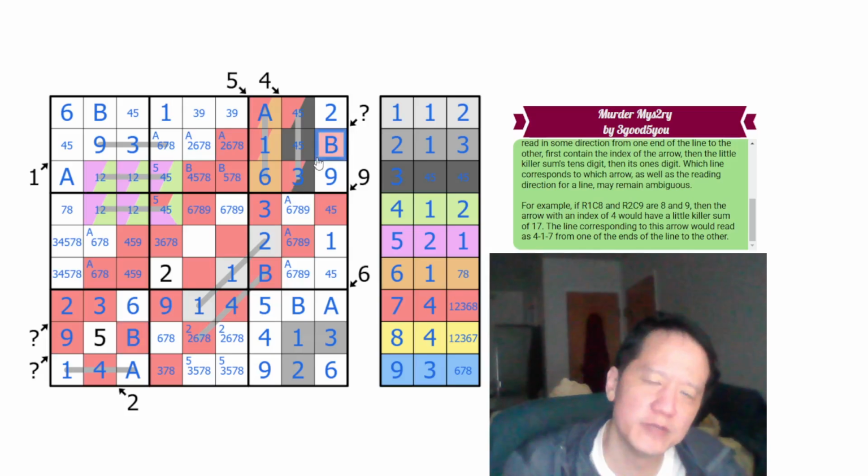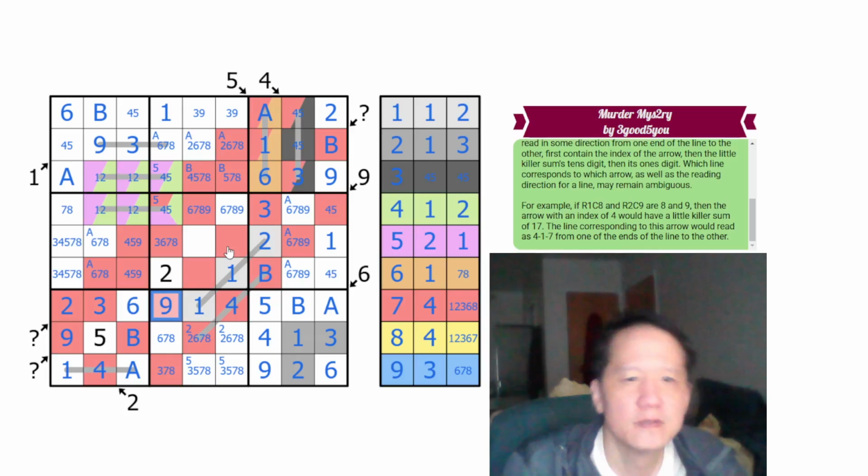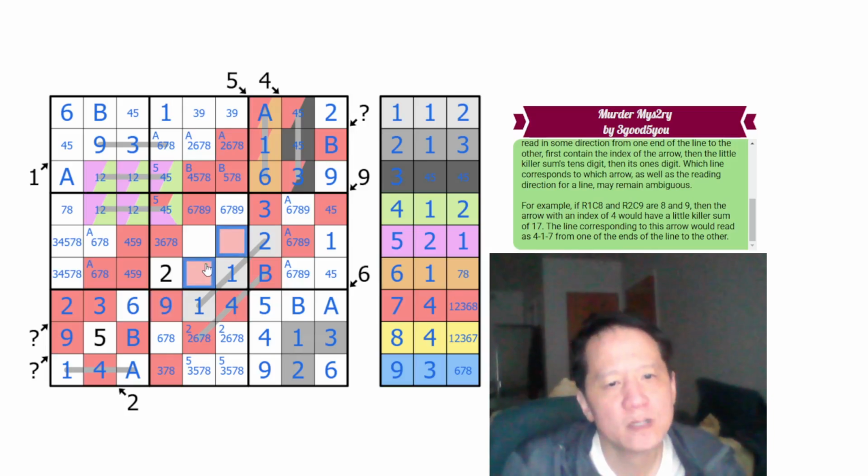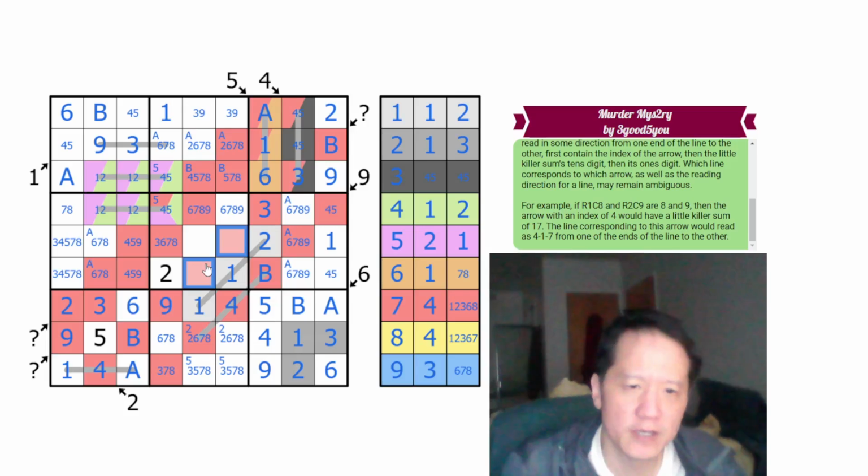The B can be 7 or 8. This could specifically be 8, 9. So then 8, 9 is 17, plus 9 is 26.